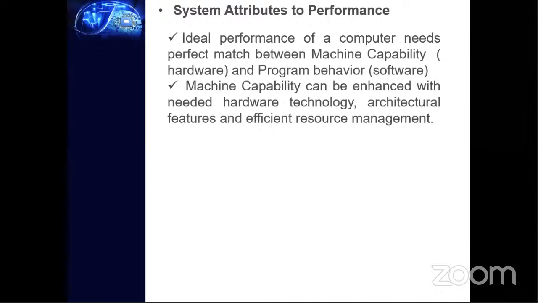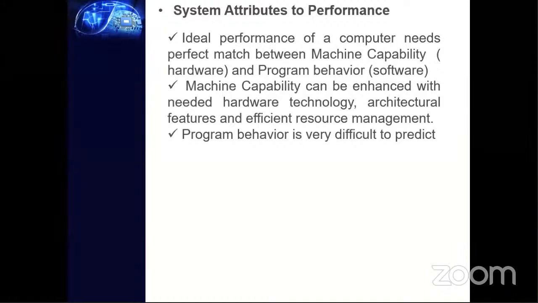Whether memory is responding in time, whether processing elements are doing the work in correct timing, whether the control unit is sending the controlling signals in time. These are all the factors to be assessed, considered, and enhanced to improve the machine capability.